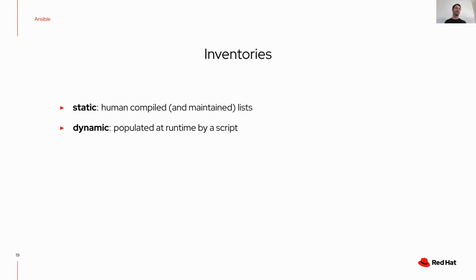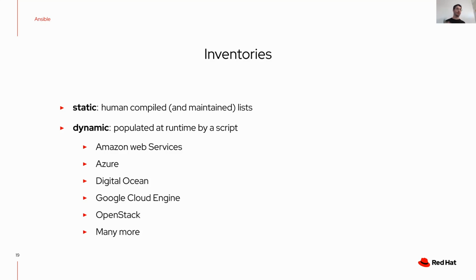So effectively, instead of a file, you can provide an application, a software script, whatever you want to call it, that actually populates that file. So basically, a script that has a JSON or YAML output that is structured as if you were to write it by hand.